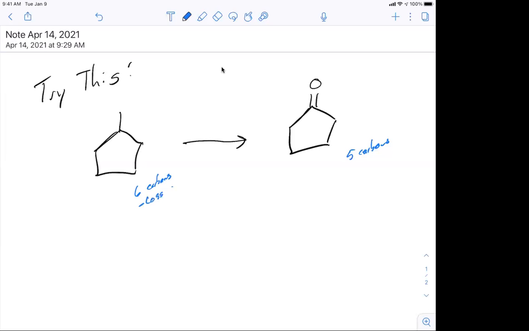And we really only know one good way to do that right now, which is oxidative cleavage of an alkene.